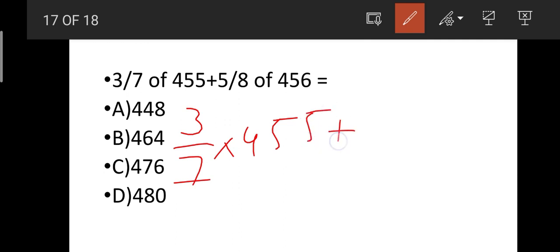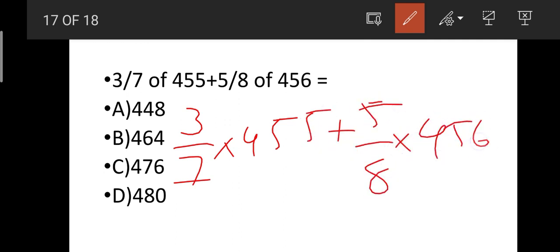Yes friends, here you can calculate it or you can get through the logic. First we'll write 3 by 7 of 455 plus 5 by 8 of 456. For becoming a multiple of 7, the resultant should end in 5. So we can take a multiple of 5 here. If we multiply 5 with 3, the resultant will also end in 5.